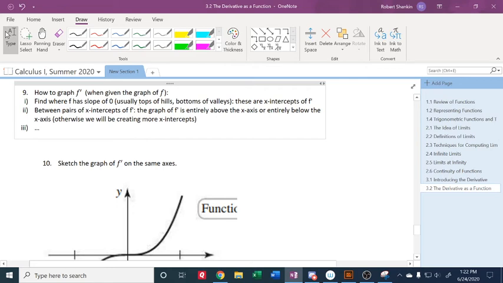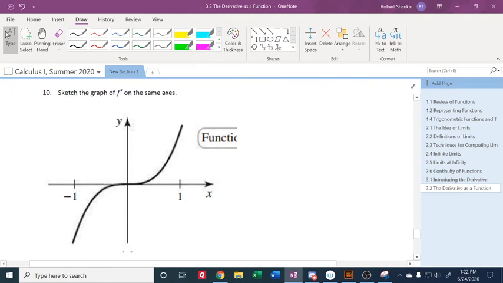Step 2. Between pairs of x-intercepts of f prime, the graph of f prime is entirely above the x-axis or entirely below the x-axis. Otherwise, it would be creating more x-intercepts. And then we keep going from there. All right, so number 10.